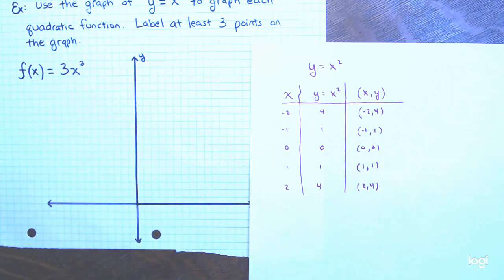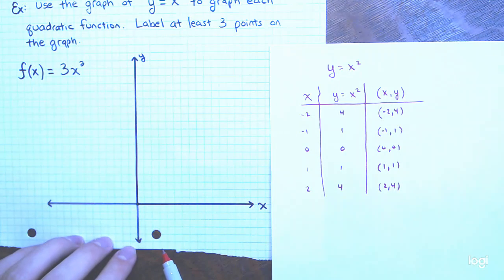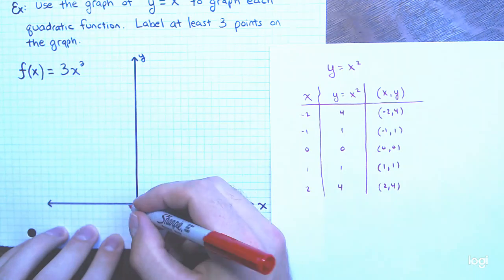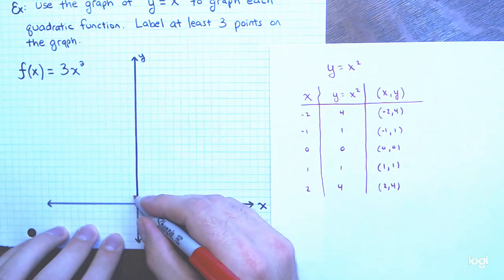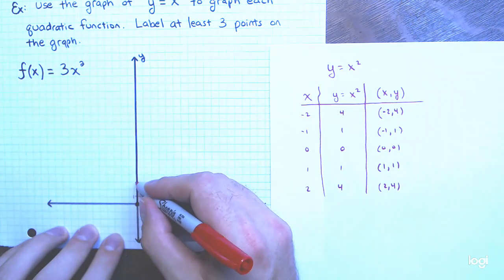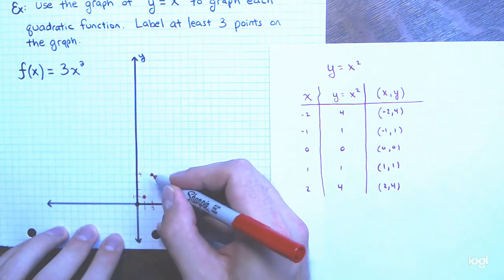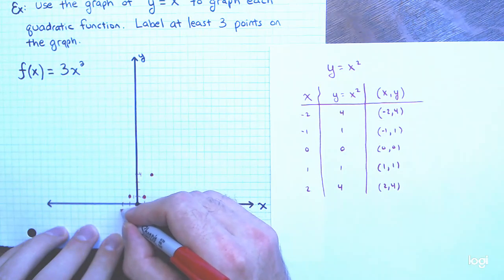All right, so I'll plot these points on my coordinate axes right now. I have my x and y axes drawn on some graph paper here, and I'm going to have it so that every square represents 1 unit. So (0, 0) is on there, (1, 1) is on there, (2, 4) is on there, (negative 1, 1), (negative 2, 4).